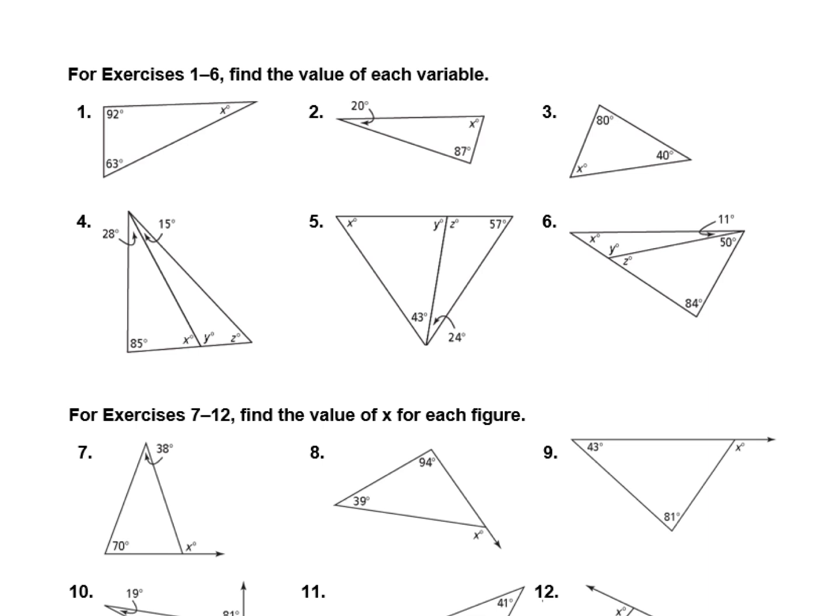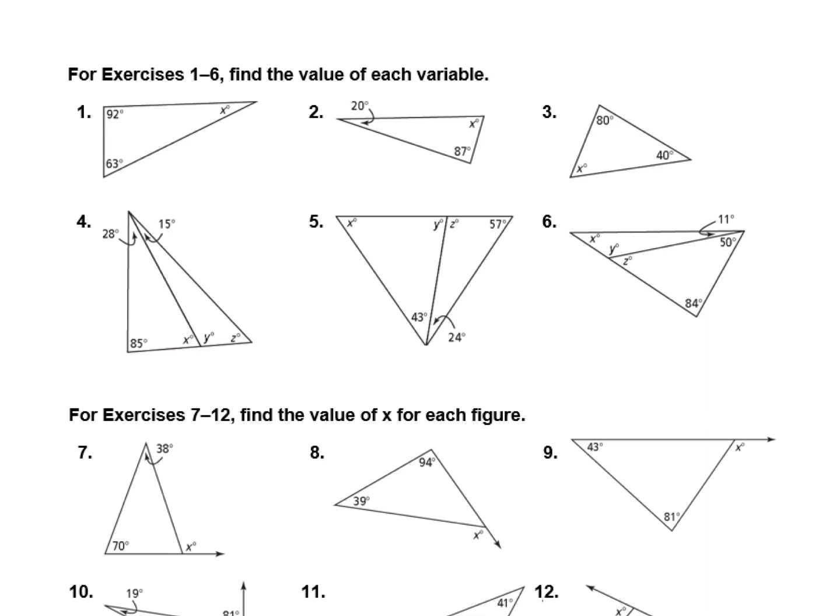Okay, so we're going to run through a bunch of examples here. They're all a little bit different, so we may be applying different theorems to each one, but we're going to find the value of each variable. So in question number 1, here's our variable x. We can see it's an interior angle, and we're given the other two interior angles. Remember, all three angles inside a triangle add up to 180.